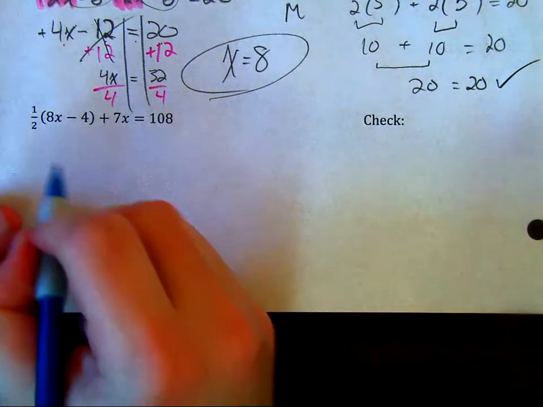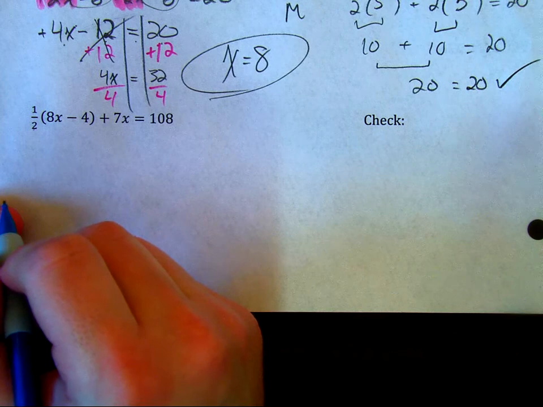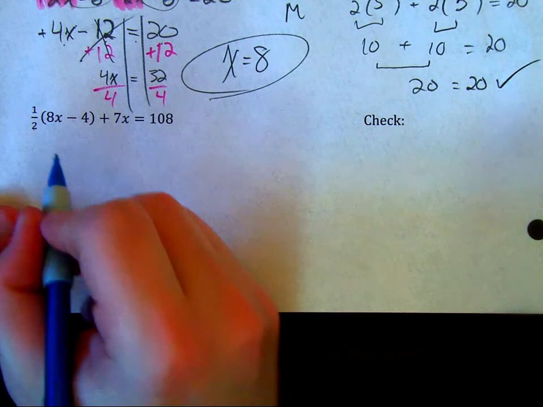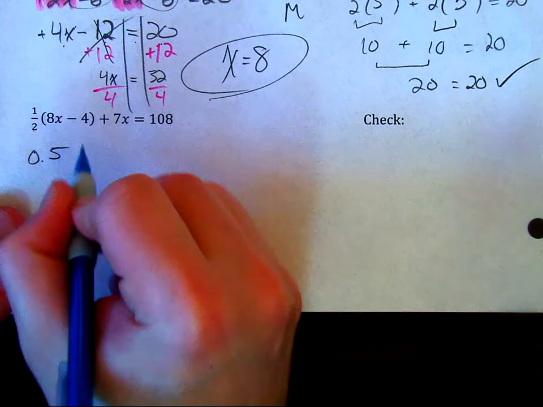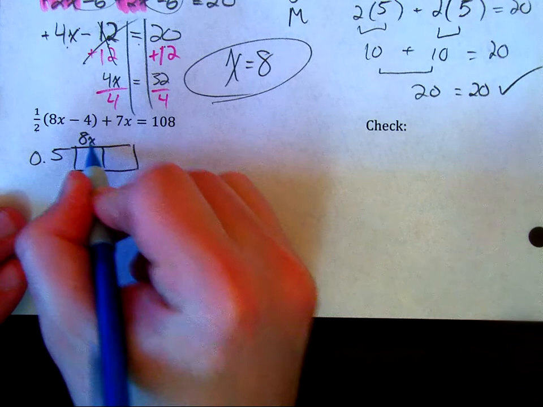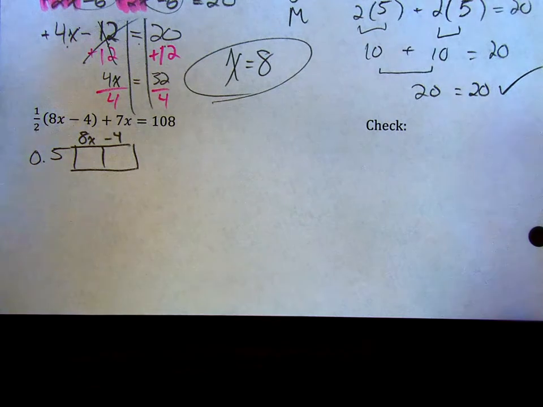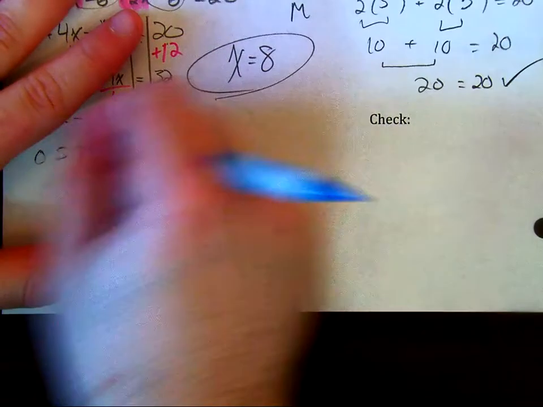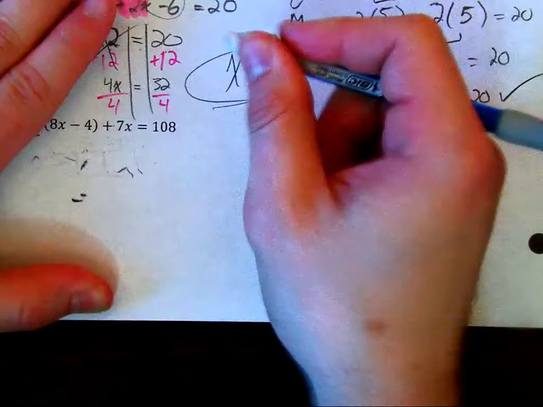How can I say 1/2 as a decimal? 0.5. All right, sounds fine to me. So I'm going to say 0.5 times that quantity. So I have 8x on top, and I have a -4 to the side. Let me write this to the side, just to have a little bit more space. Again, it doesn't really matter where you write on your paper. I'm just trying to make sure I have enough space.